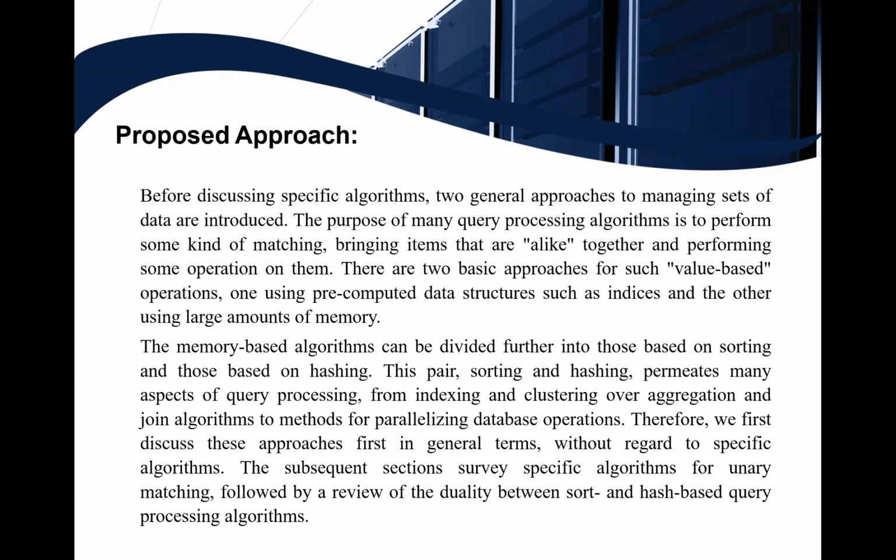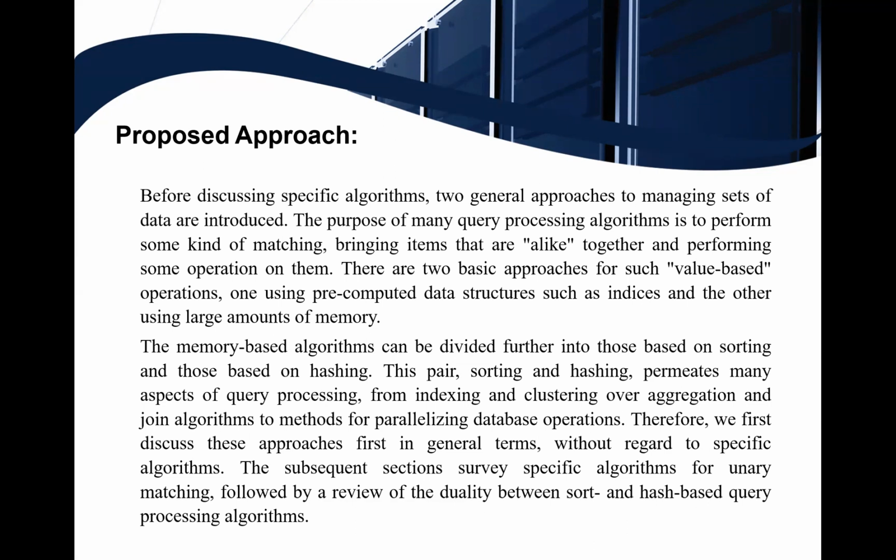This pair, sorting and hashing, permits many aspects of query processing, from indexing and clustering to aggregation and join algorithms to methods for parallelizing database operations. Therefore, we first discuss these approaches in general terms, without regard to specific algorithms.